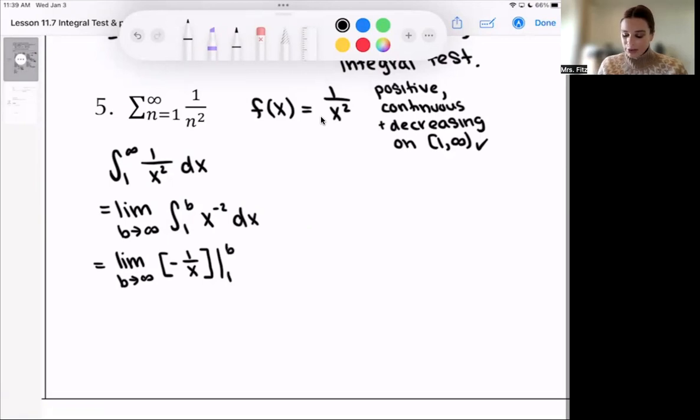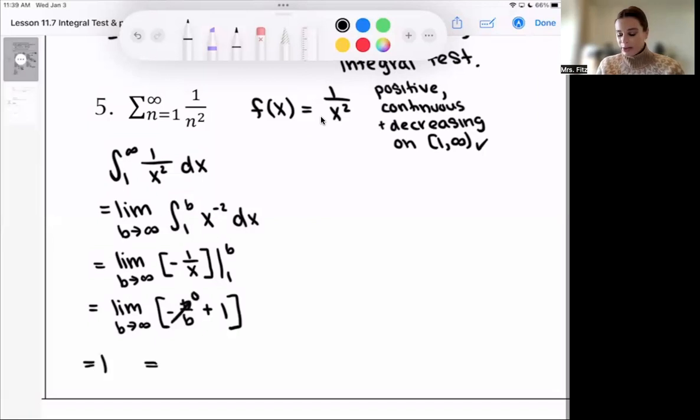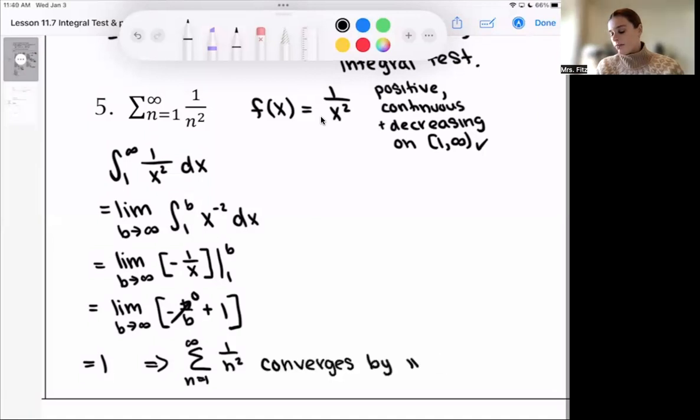So you end up with the limit as b approaches infinity of -1 over b minus negative, which turns into a plus, 1 over 1 is 1. Well, as b gets really, really large, this actually goes to 0. So this equals 1. So therefore, the sum from n equals 1 to infinity of 1 over n squared converges by the integral test.